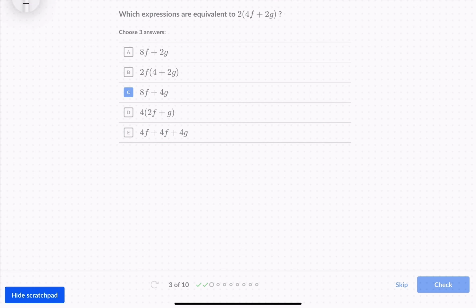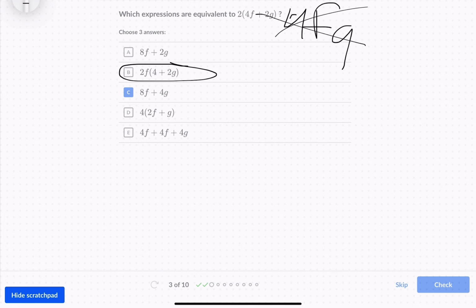So what other expressions are equivalent to that? We know this one is not, because then one of the terms would have 4fg, so that's not right. This one, it can't be that because it has the same 8 and a different coefficient for the g.